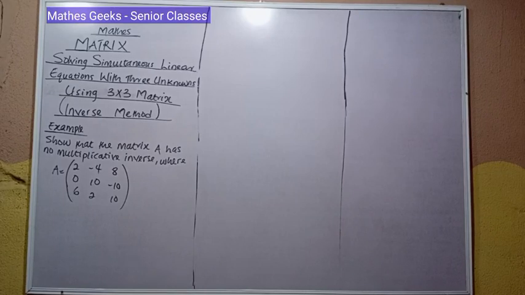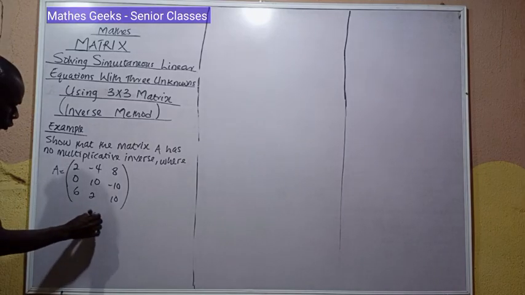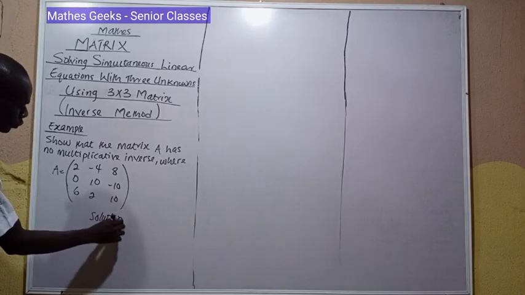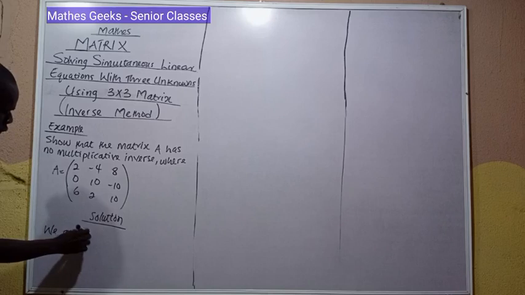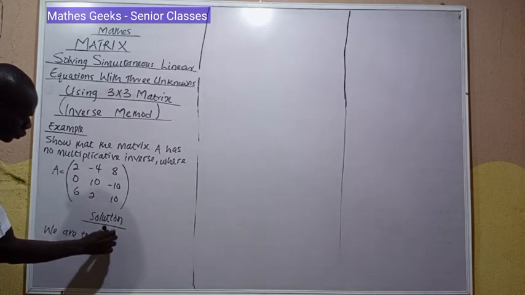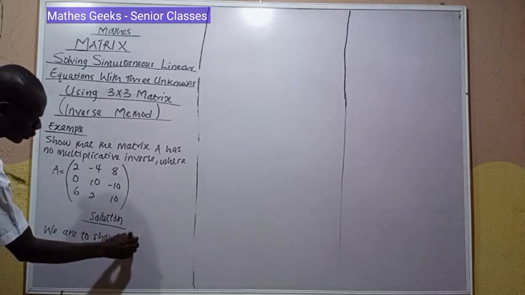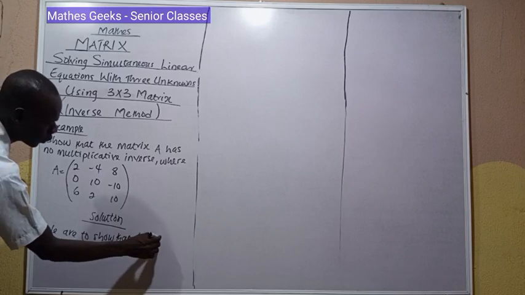If a matrix does not have a multiplicative inverse, it implies that the determinant of that matrix is equal to 0. So, solution: we are to show that the determinant is equal to 0.